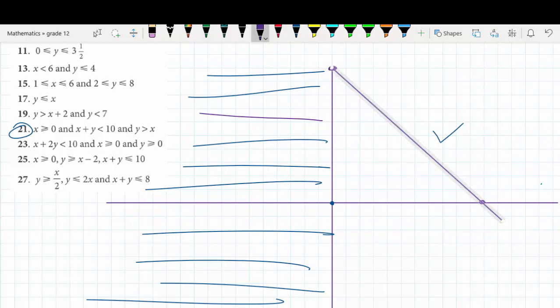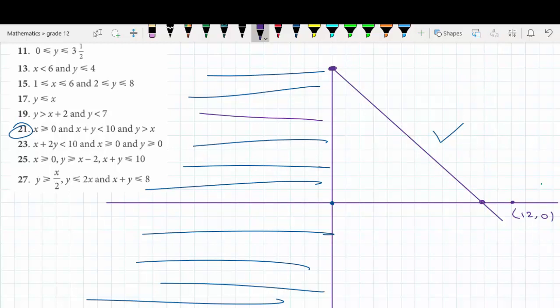Then, x plus y is less than 10. Randomly pick some point outside, meaning above this line. Let's pick this point to make it easy. This is 10, so this point is (12, 0).